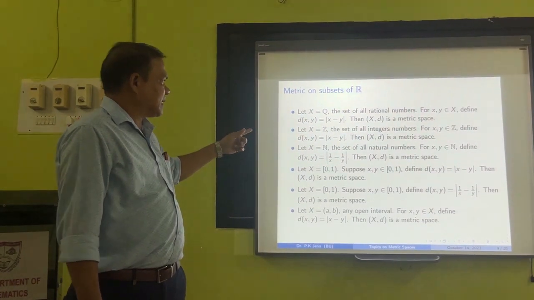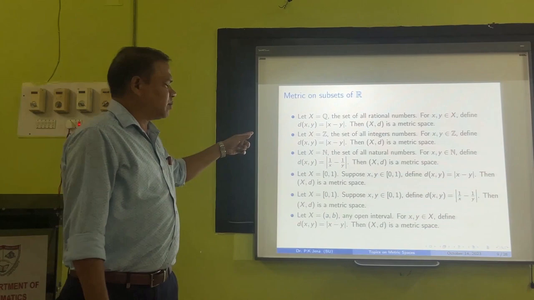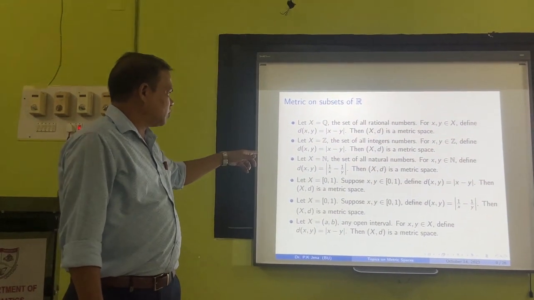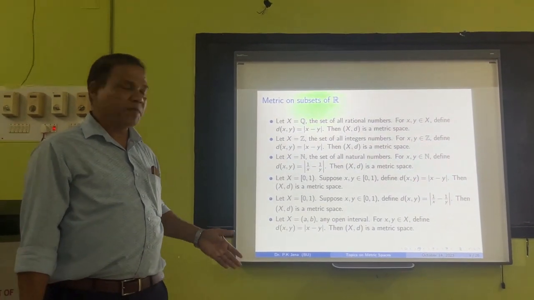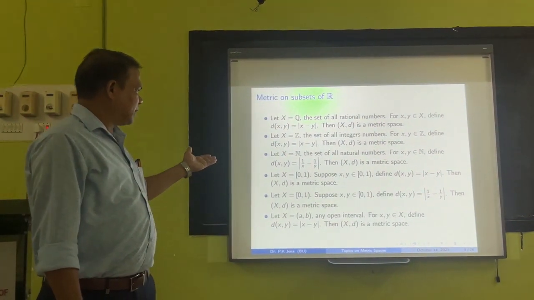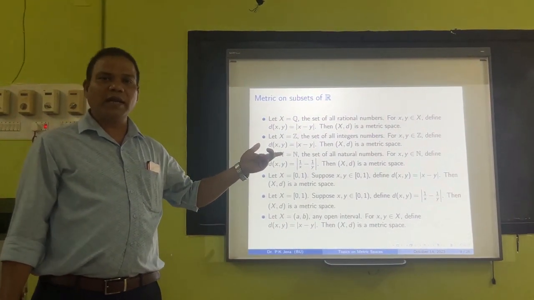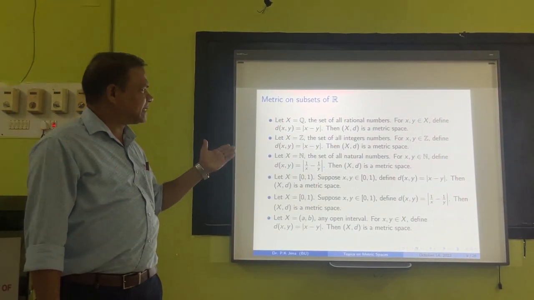Similarly, if we take X as a non-empty set, let X be N, the set of all natural numbers, we can define d of x y as modulus of 1 by x minus 1 by y, which is also a metric on N.